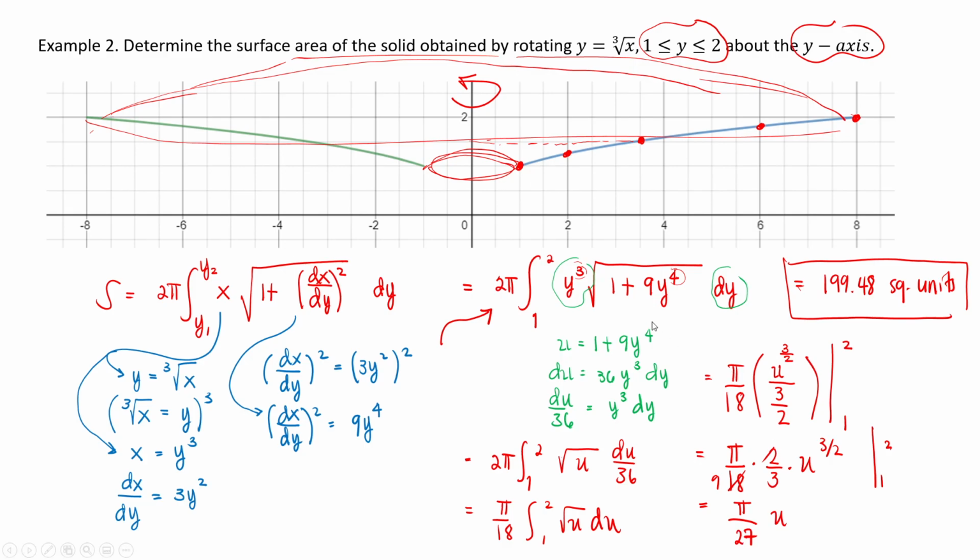Bring back the value of u, that will be 1 plus 9y to the power of 4, to the power of 3 halves, from 1 to 2. Then evaluate manually, so 199.48.